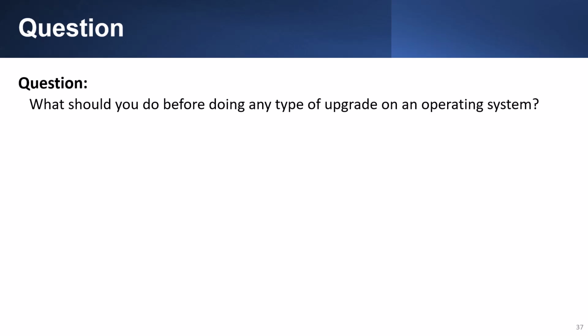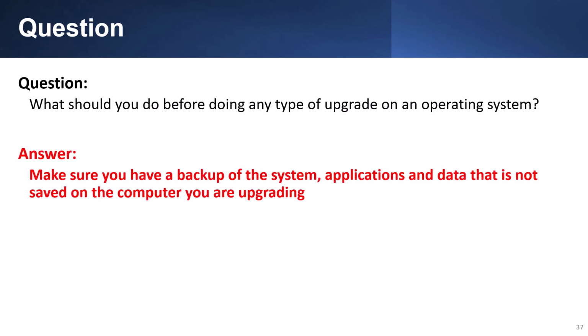Question: what should you do before doing any type of upgrade on an operating system? Answer: make sure you have a backup of the system, applications, and data that is not saved on the computer you are upgrading.